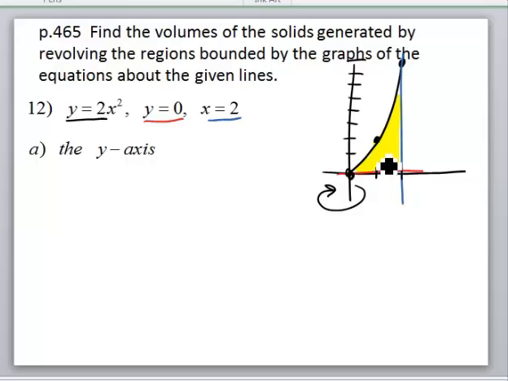Because it's about the y-axis, this is a dy problem, and it is a washer because there's a hole that's missing. If you look, the first radius goes clear out to here. This would be your big R. And then the little r goes to right here.